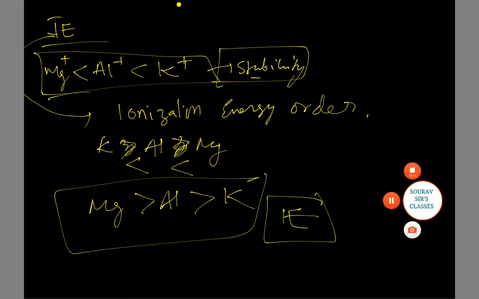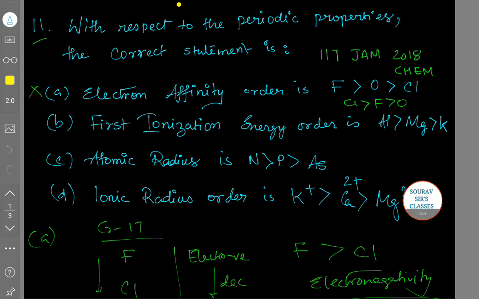So moving on to the next option, we have the atomic radius of N greater than P greater than As. Now, referring to the periodic table, under group 15, that is nitrogens, we have nitrogen, then phosphorus, then As.